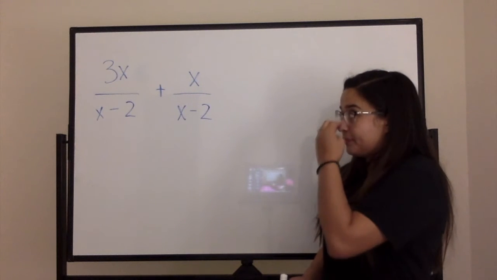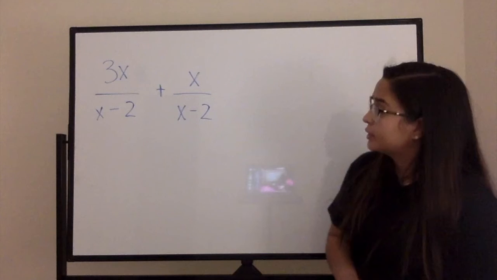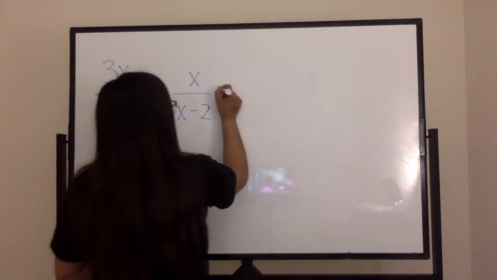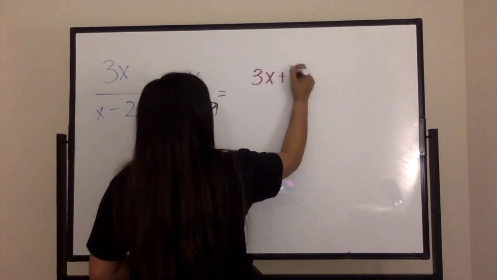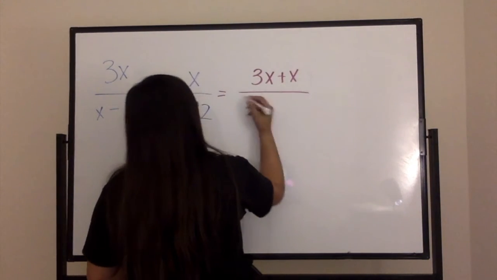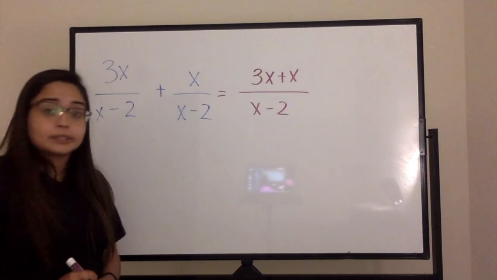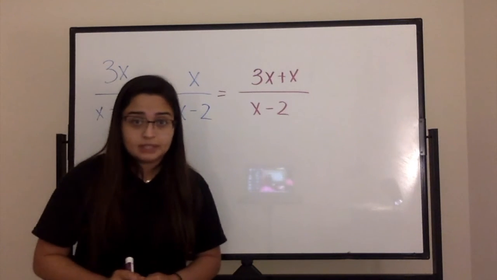Okay, but we're following the same steps. We have 3x plus x. So let's go ahead and write it out. We're going to be adding our numerators and just copying down our denominator.